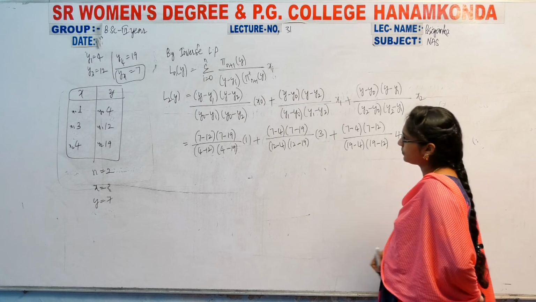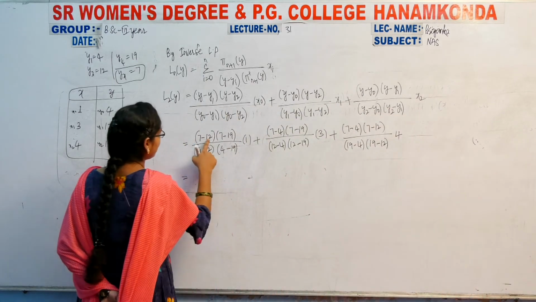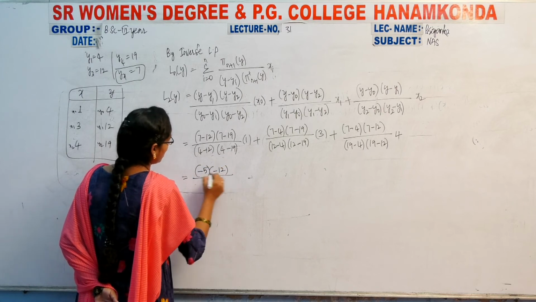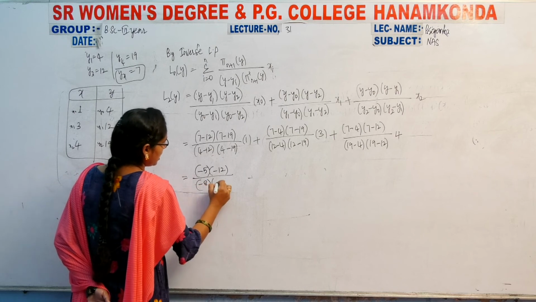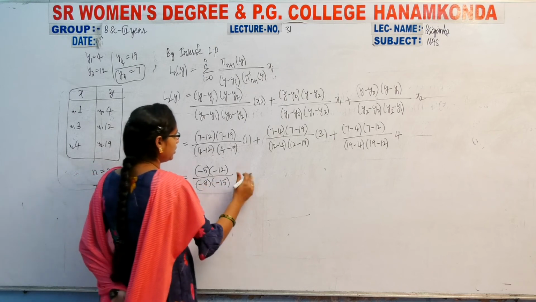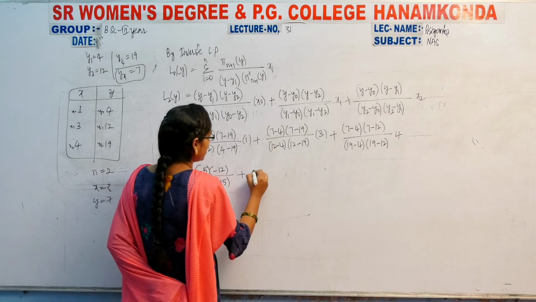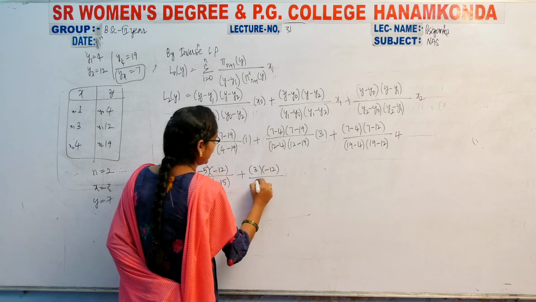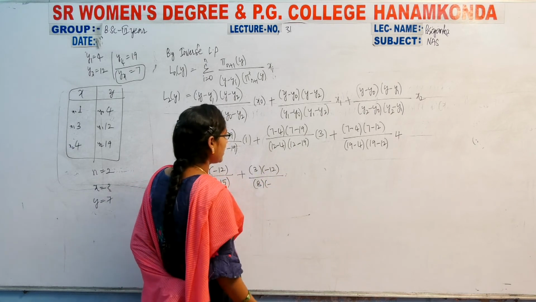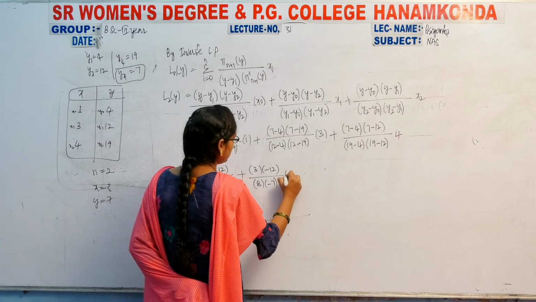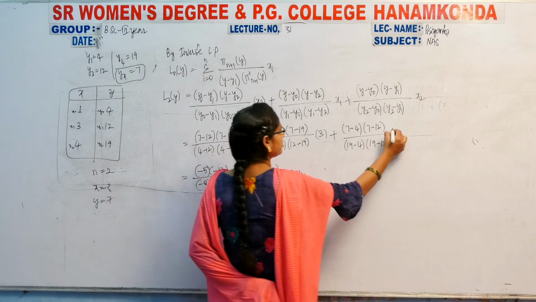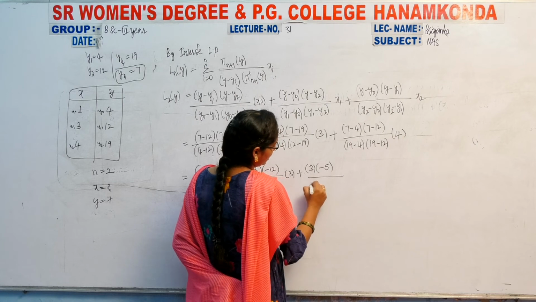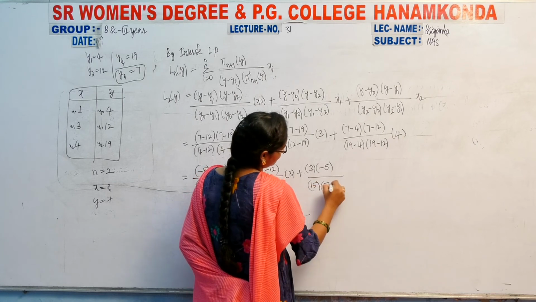The x2 value is 4. So this equals 7 minus 12 means minus 5, minus 12, 4 minus 12 means minus 8, minus 15, into 1, plus 7 minus 4, 3 into minus 12, by 12 minus 4, 8, 12 minus 19 means minus 7, into 3, plus 7 minus 4, 3, minus 5, by 19 minus 4, 15, 19 minus 12, 7, into 4.